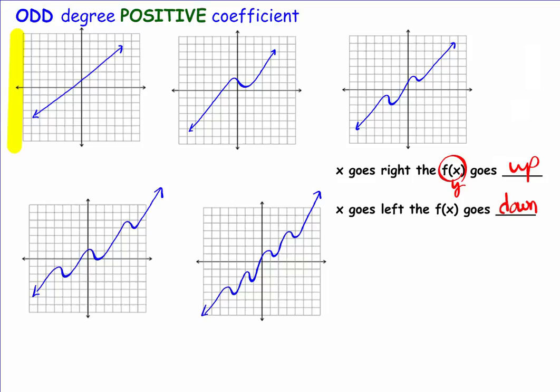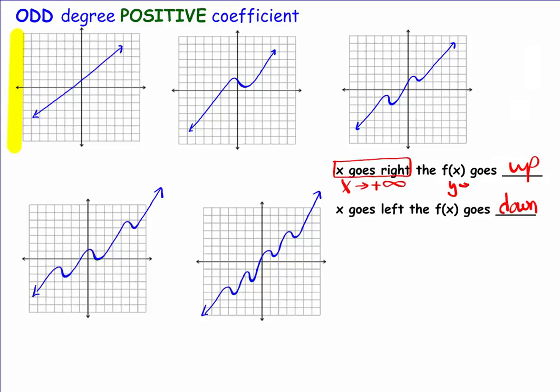Now, here's the important math writing. This is how you have to write things in math, because the symbol infinity is actually telling us direction. So x goes to positive infinity, that means it goes right.